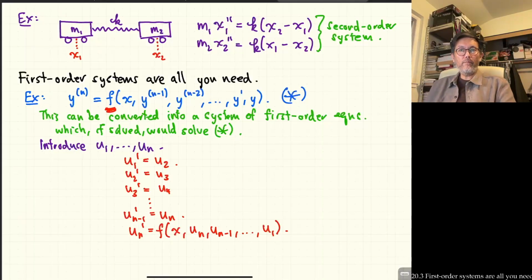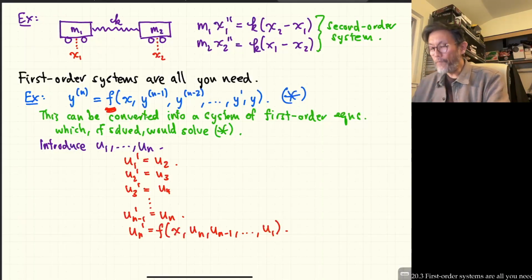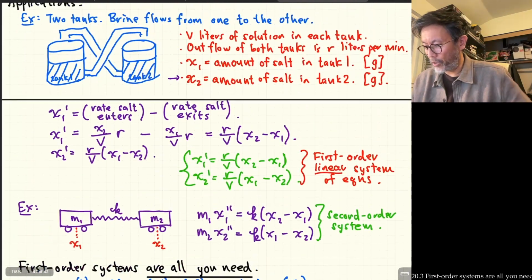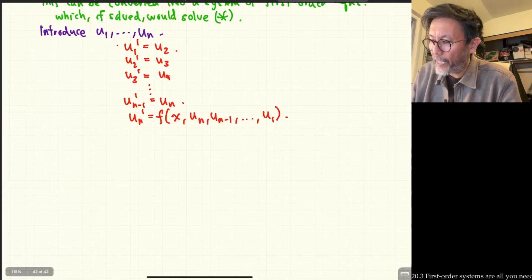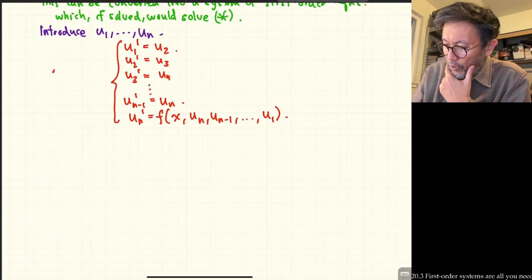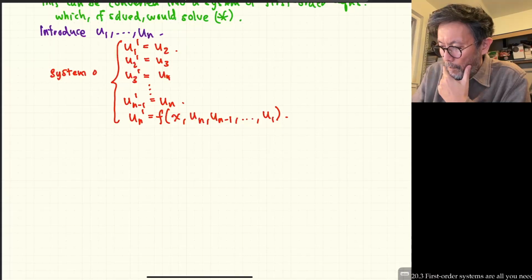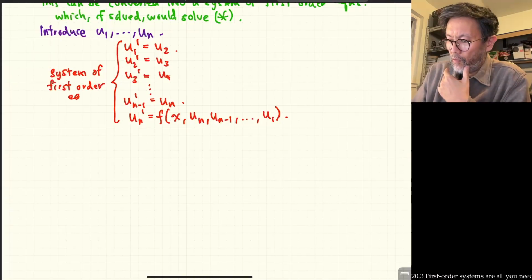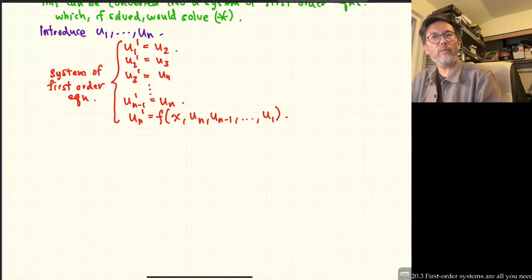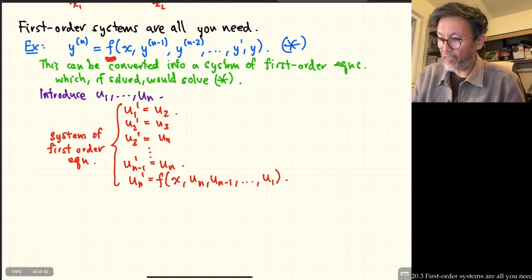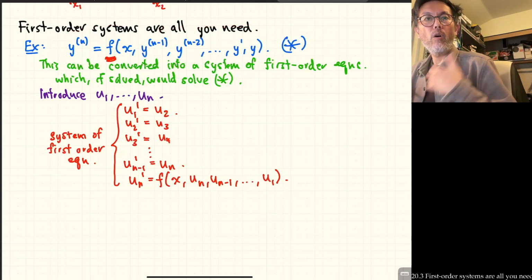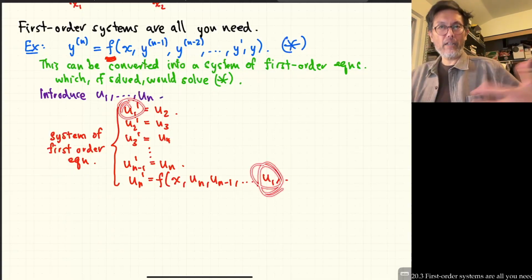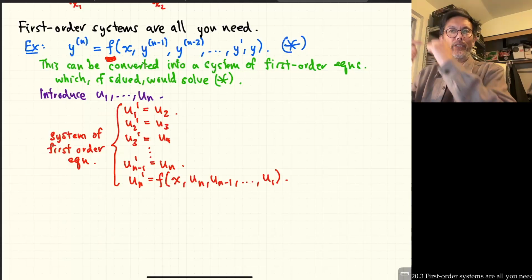My claim, and I want you to think about this, is that this is a system of first order equations, and if you solve this system, then you've solved this blue equation up here. Why? Because whatever u1 ends up being in your solution, that's the solution to your differential equation.